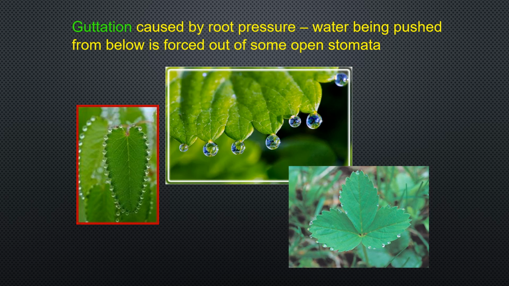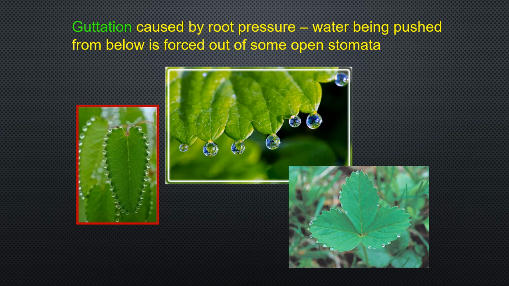And the reason then we get what's called guttation is that if we don't have the stomata open on their own and transpiration naturally occurring, because remember we said 90% of that water is constantly flowing through the plant and out through transpiration.